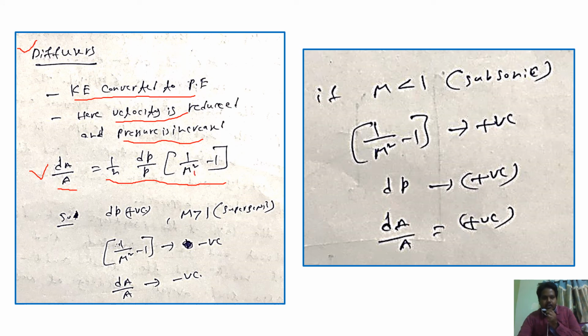Okay, here in this case, if the Mach number is greater than 1, the velocity is supersonic.